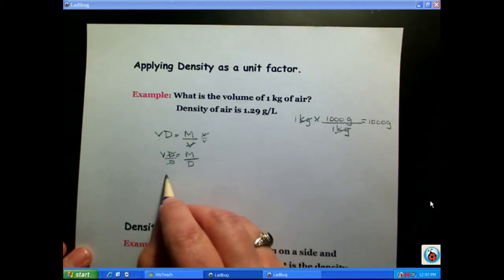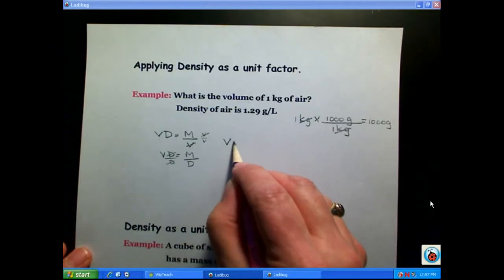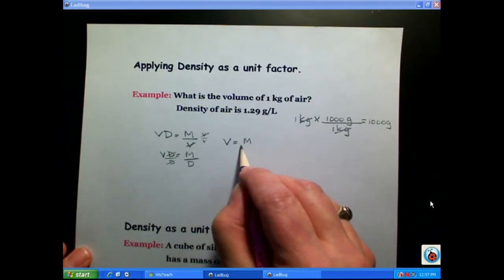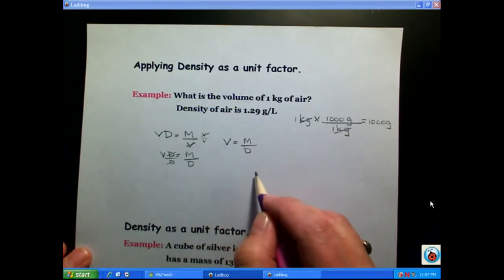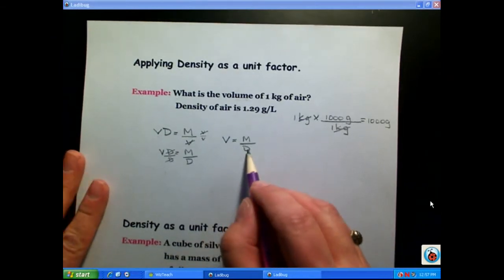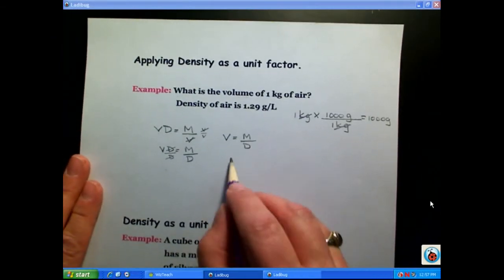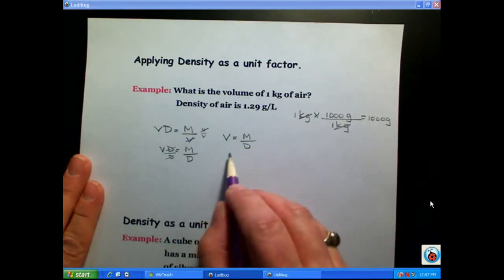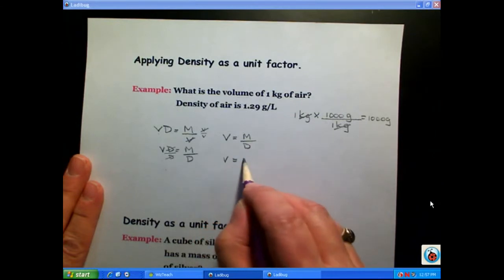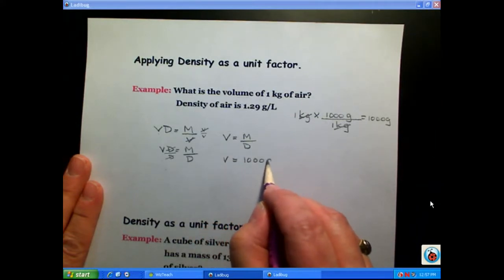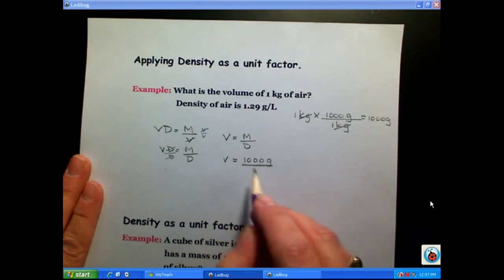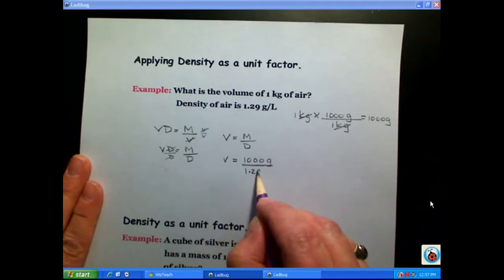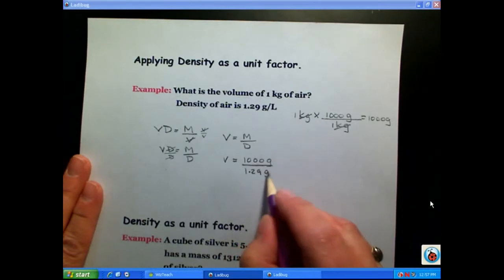So our new formula is going to be V equals mass divided by the density. Now we've got our formula rearranged, so we can insert our values from the problem. We changed our mass to 1,000 grams, so the volume is going to be equal to 1,000 grams divided by the density, which is 1.29 grams per liter.